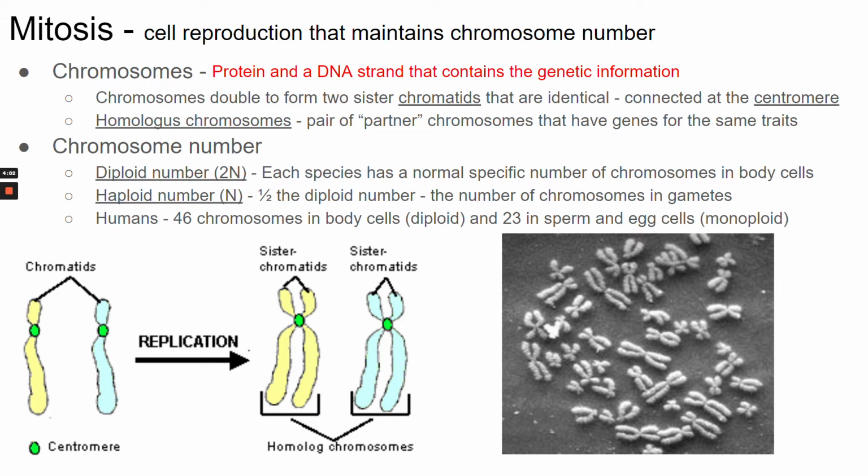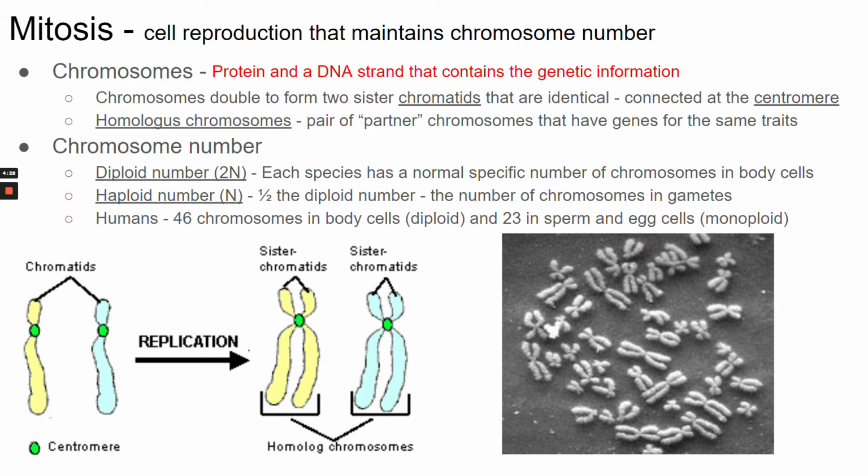So depending on when you are looking at the cell, sometimes the chromosomes look like little X's. Other times it might be split off, and they look like single halves of the X's. So for example, here is one chromosome. Right? It's got two sides.